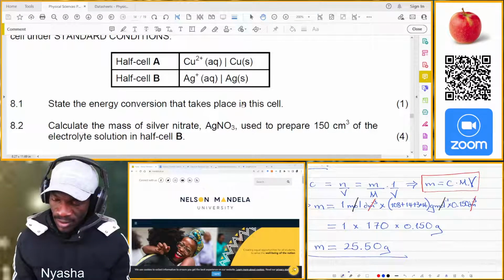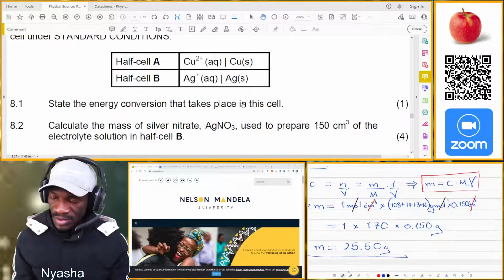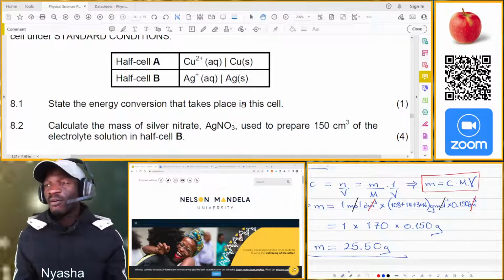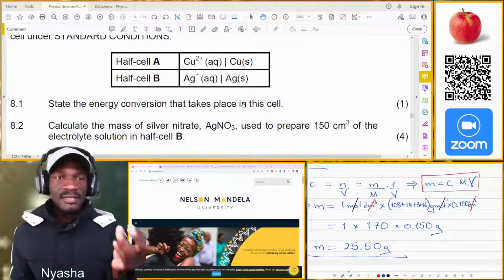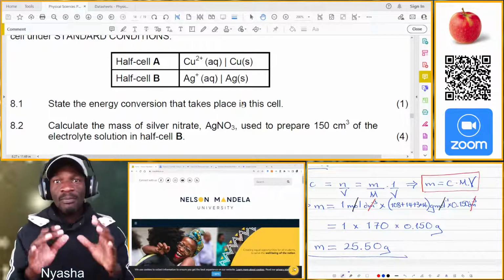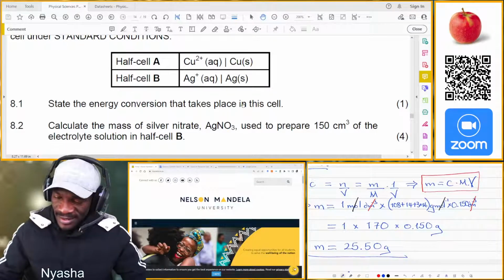Then we went all the way to calculate the actual mass by simply substituting, isn't it? We substituted the standard concentration, 1 mole per dm cubed. We substituted the molar mass, which is the sum of the relative atomic mass of silver, nitrogen, oxygen, in their appropriate stoichiometric ratios or quantities.